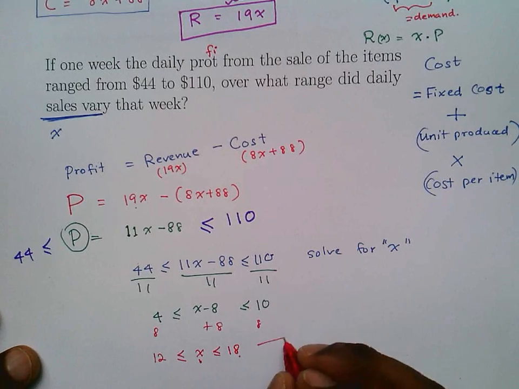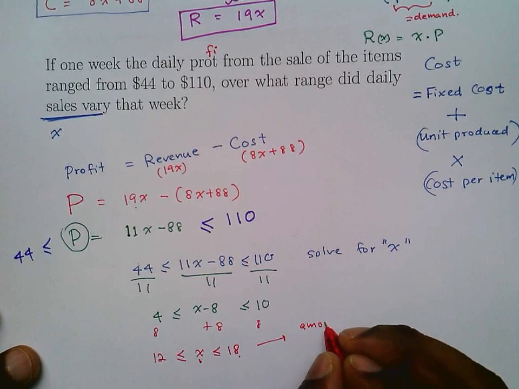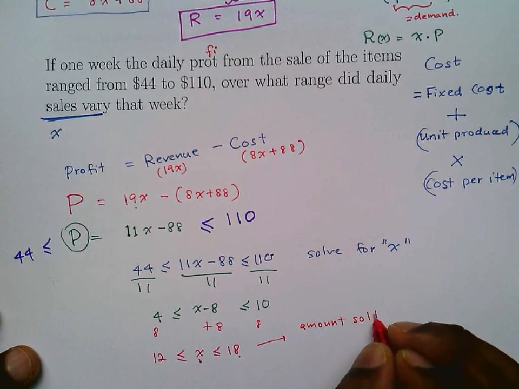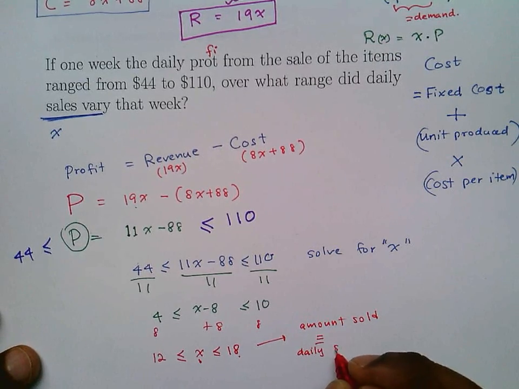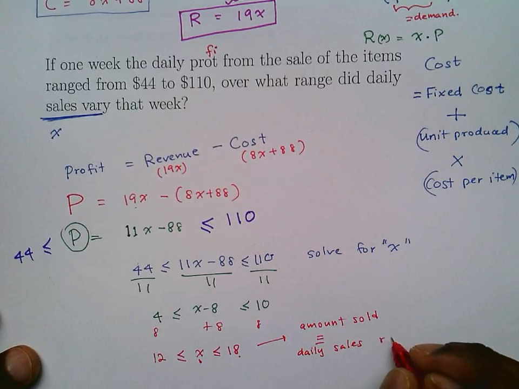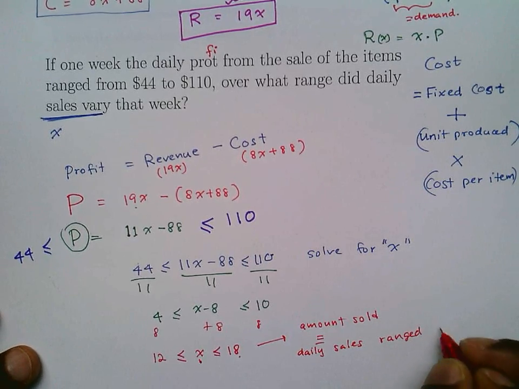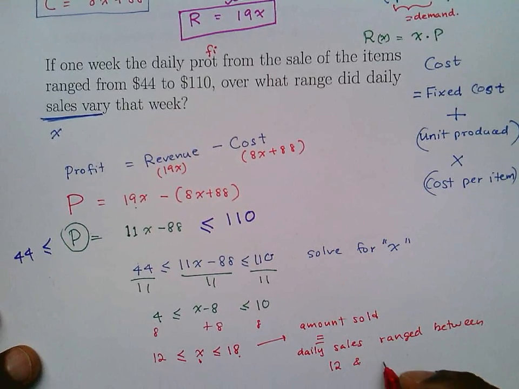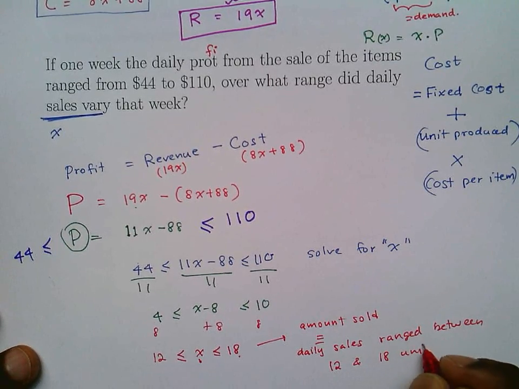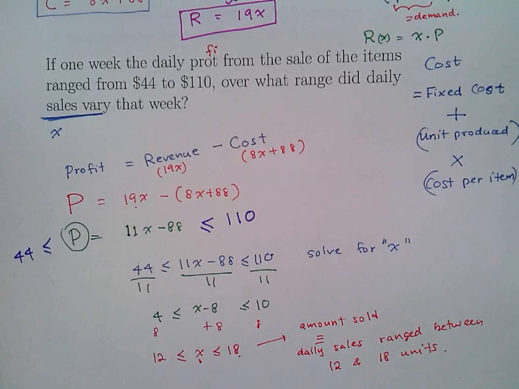So this is how you convert it to words. Amount sold, which is the same as daily sales, ranges between 12 and 18 units. And that's how you get your final answer.